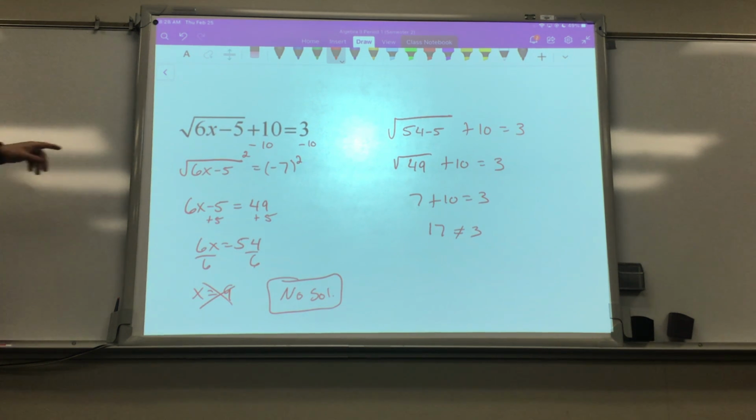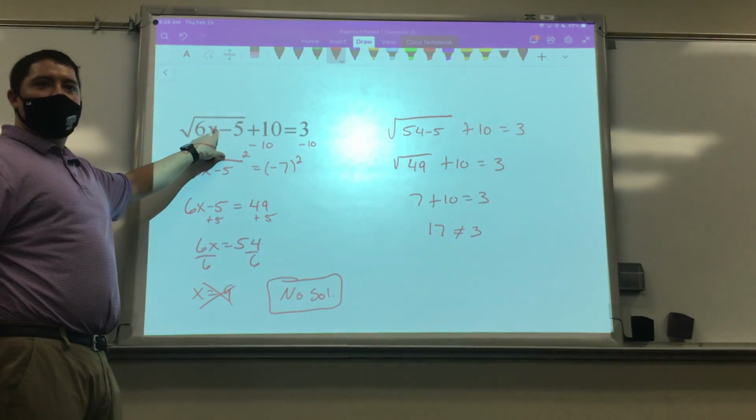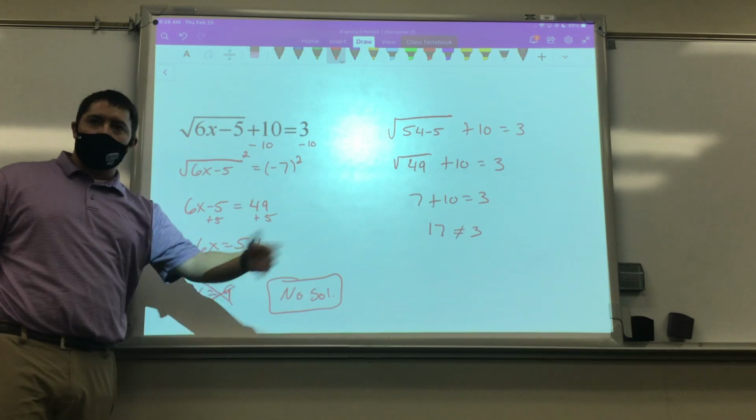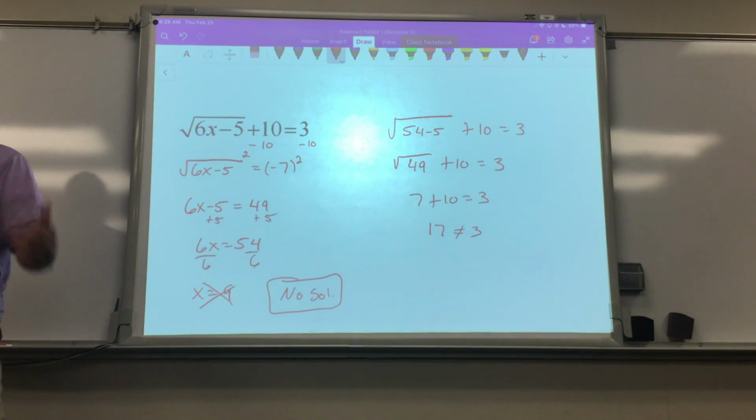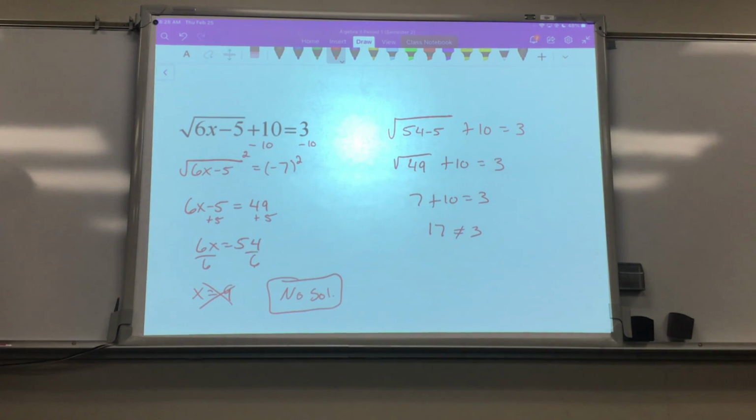If we can't have a negative inside this radical, right? It's got to be positive. I mean, I'm going to have a positive value plus 10. If I take a positive number plus 10, we'll never get 3. So that one doesn't work. You can solve, you get something. When you check, it does not work. So again, is it important to check your answers? Yes, it is.